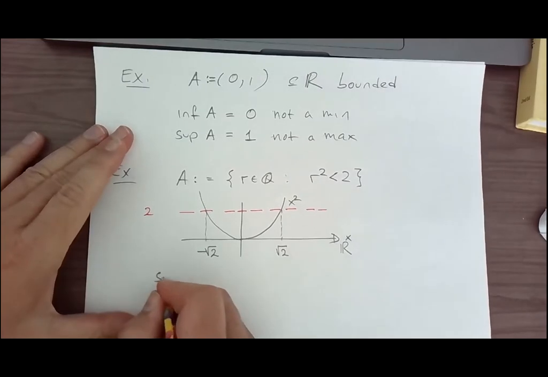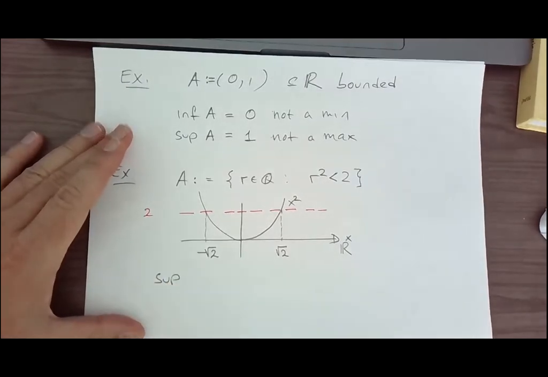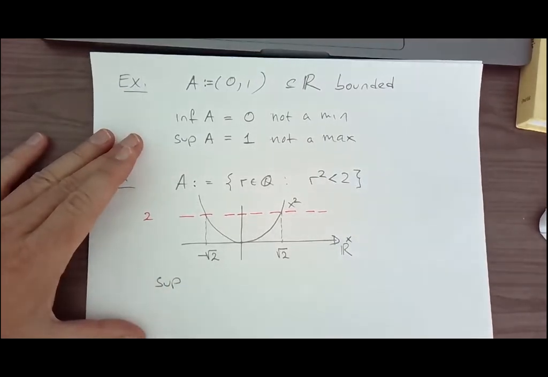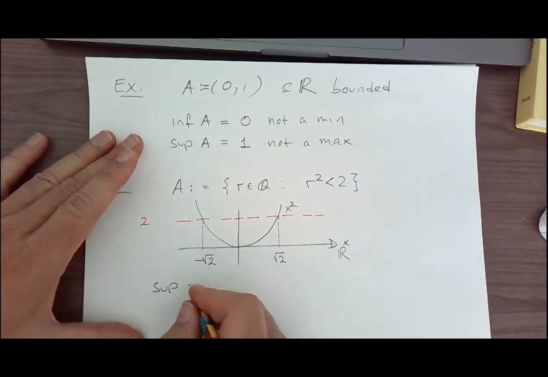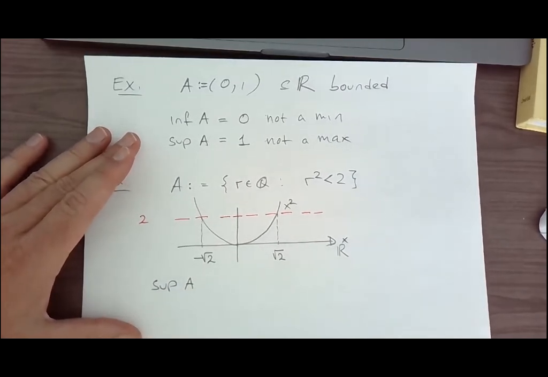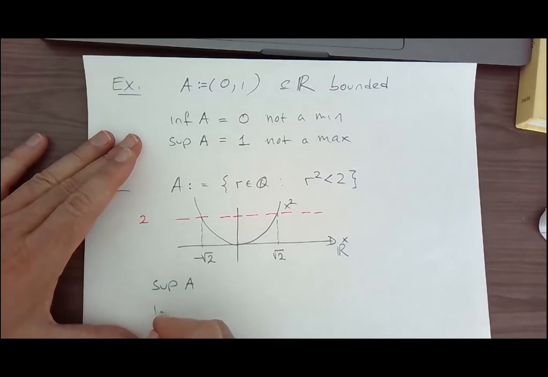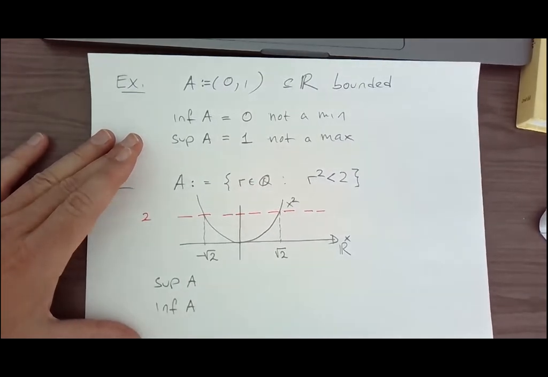If I take the sup over A and the inf over A, what would I get here?